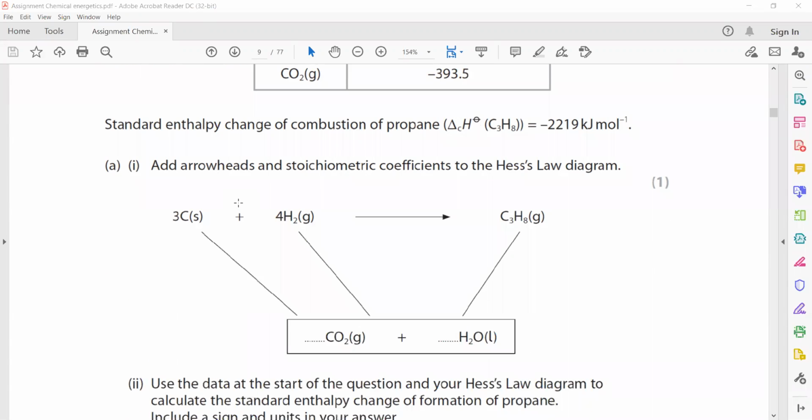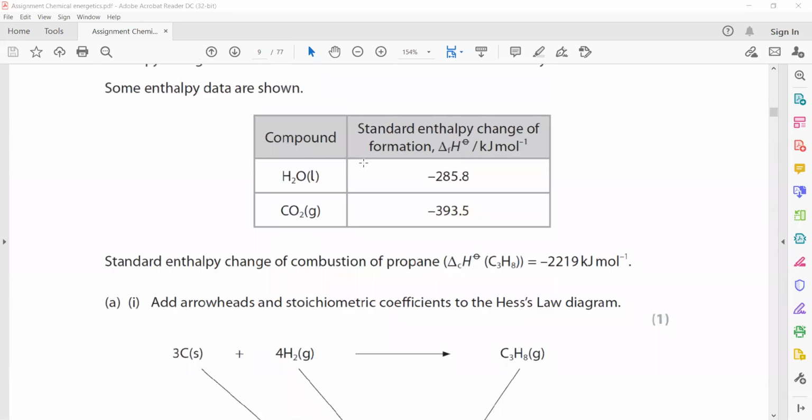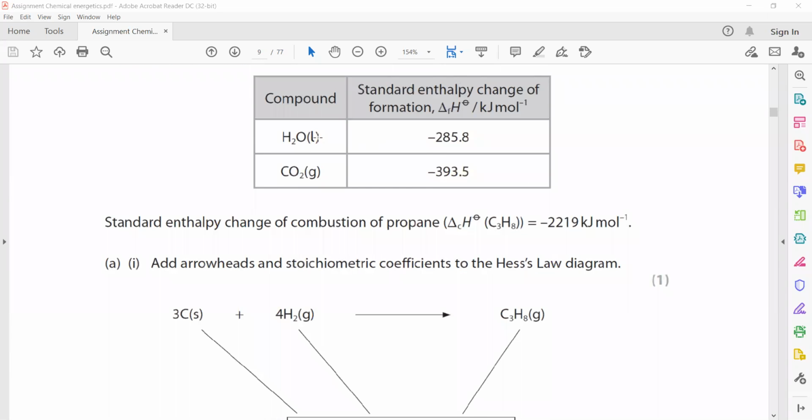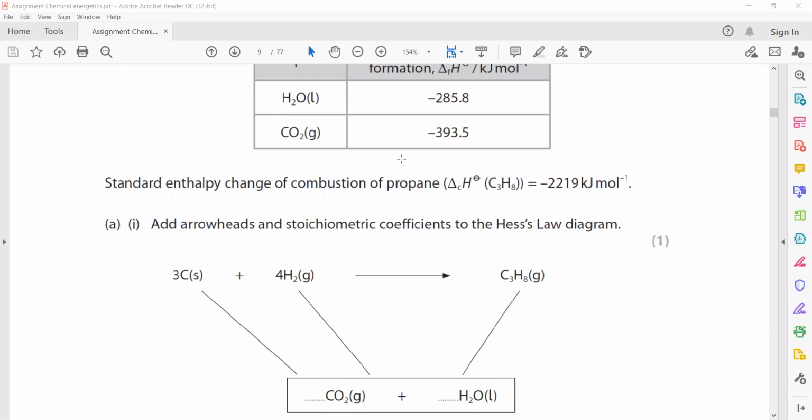Add arrowheads and stoichiometric coefficients to the Hess law diagram. Because the formation is given, it means that elements will form a compound. We have the formation of water and the formation of carbon dioxide.